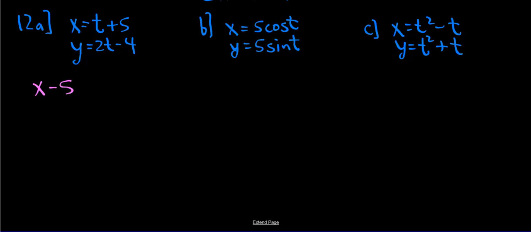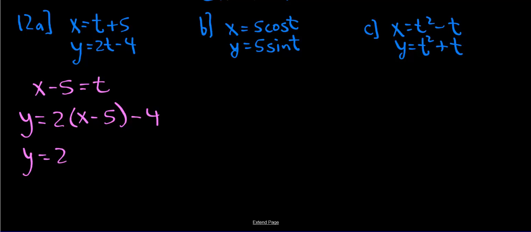For example, that first one, I get that t is equal to x minus 5, and then I plug that into the second, like that. Of course, you could then modify it. You've got 2(x minus 5) minus 4, which is 2x minus 10 minus 4. You get 2x minus 14, if you want to go further with it.